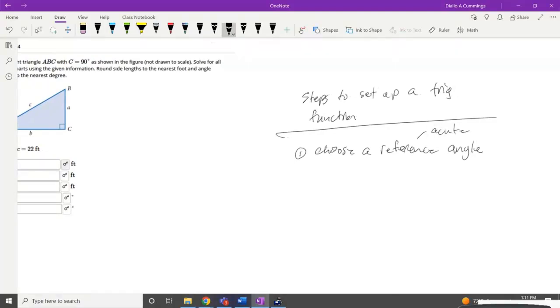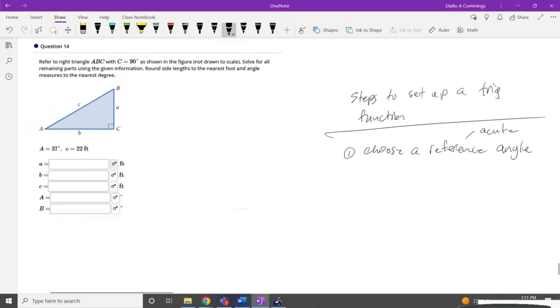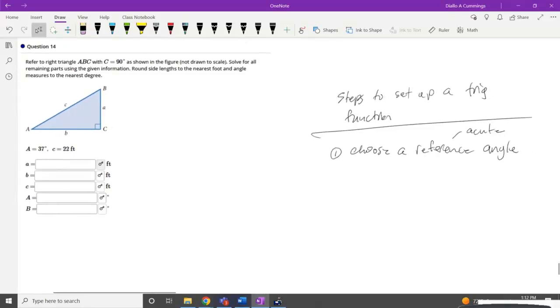And an acute angle is any angle less than 90 degrees, which means that when we're choosing a reference angle, we can never use the right angle as a reference angle, because the definition of reference means acute, and a 90-degree angle is not an acute angle. So that's the first thing.